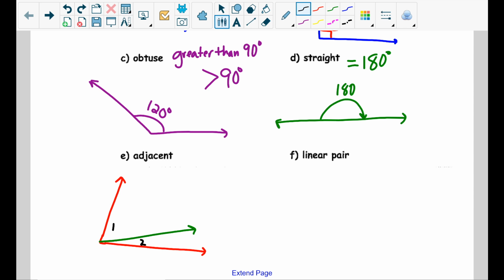Okay, does that make sense? Doesn't tell me anything about the angle measure. It just tells me that they're right next to each other, that they share a side. Okay, that's it. Does that make sense? Okay.